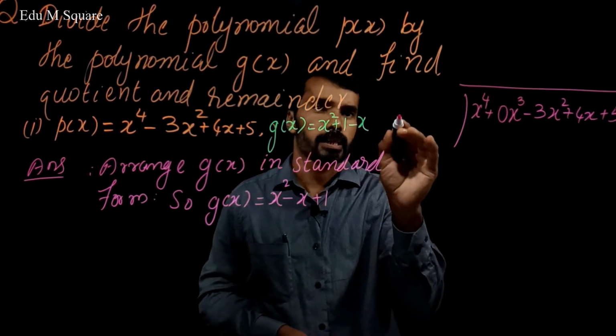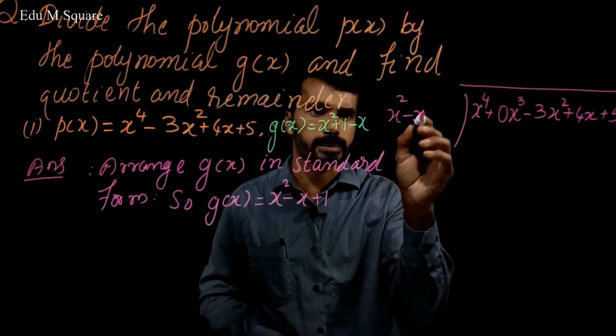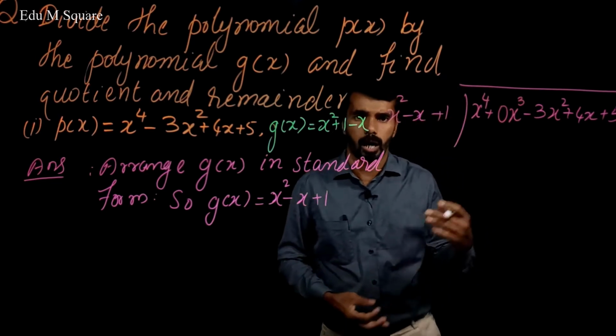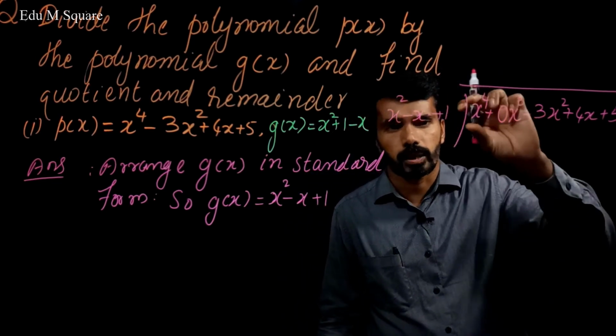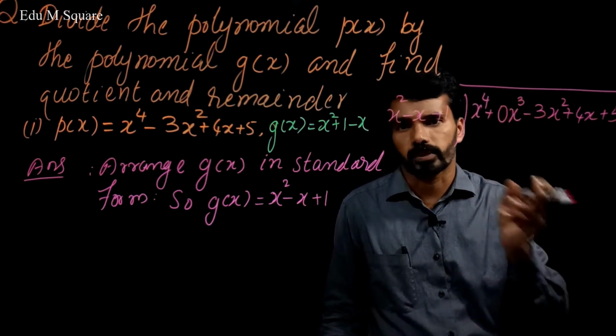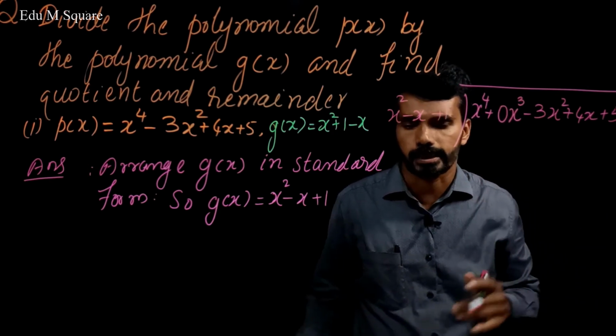Then divisor x square minus x plus 1. Then as usual, or as we have done in the last problem, we divide the first term of the dividend by the first term of the divisor. So here the first term is x raised to 4.